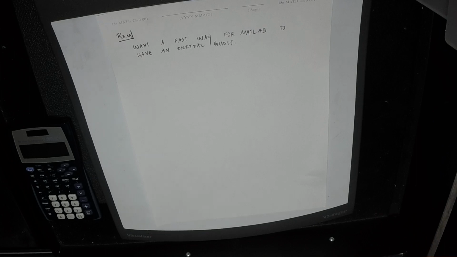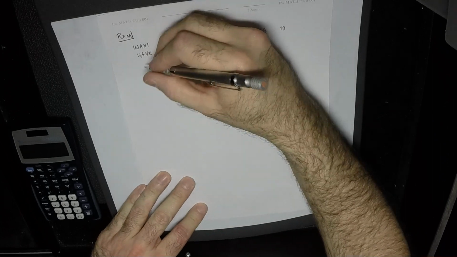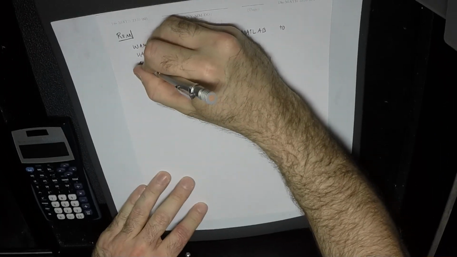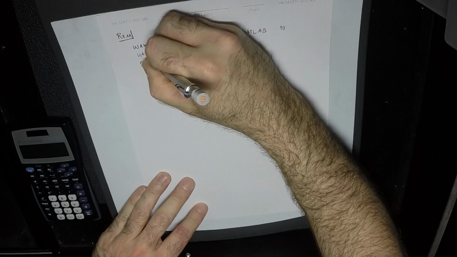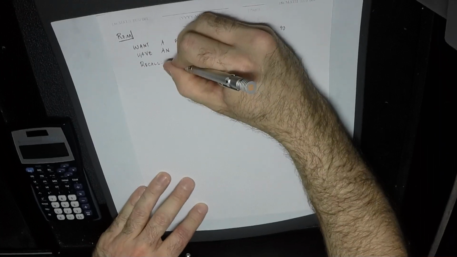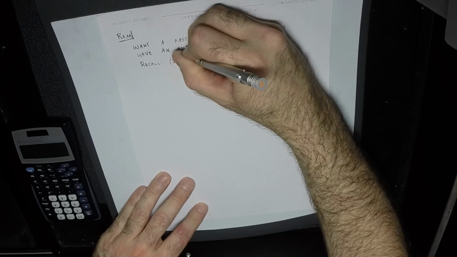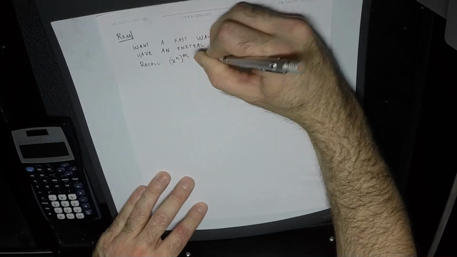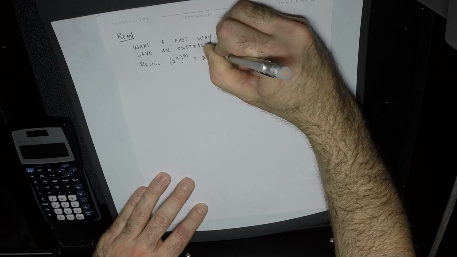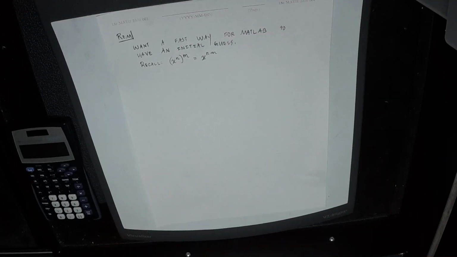Okay. So here's how we're going to do the initial guess. Recall the following: x to the n to the m is, of course, x to the nm. When you iterate exponents, you can do that.